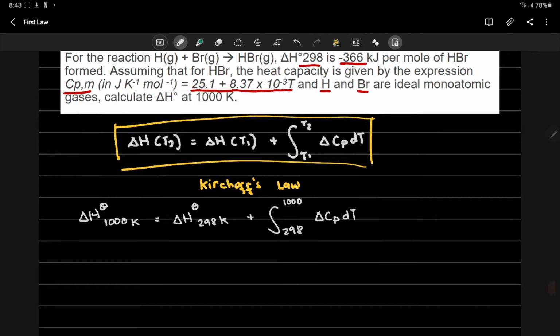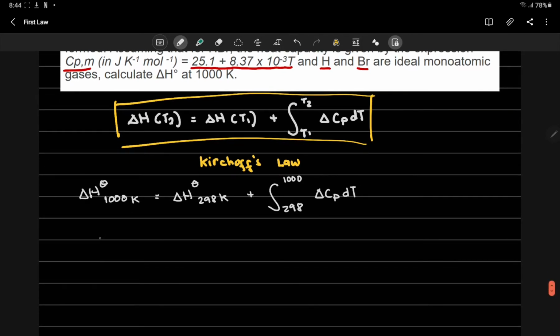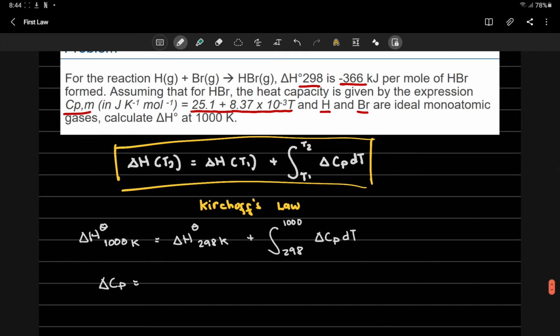Okay, let's first identify ano yung delta Cp or yung change in heat capacity. So magkakaroon ba ng change in heat capacity? So yes, because may reaction na nangyari. So specifically, yung ating change in heat capacity is just your products minus reactants. Okay. Now, ang given sa problem is yung heat capacity pa lang nung product, which is HBr.